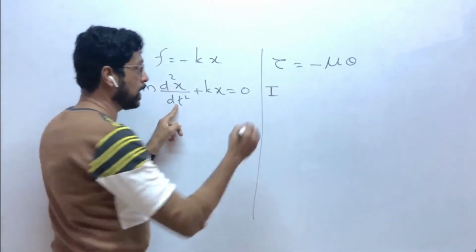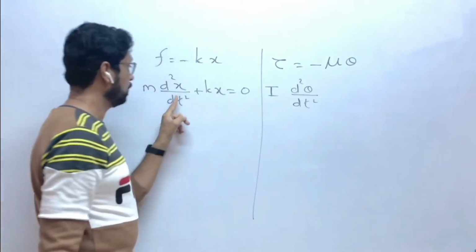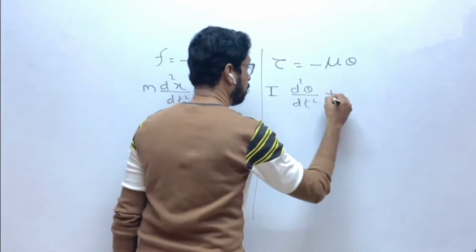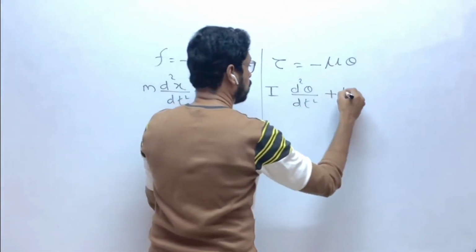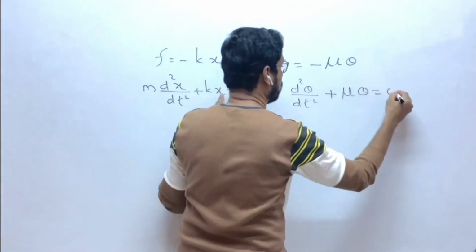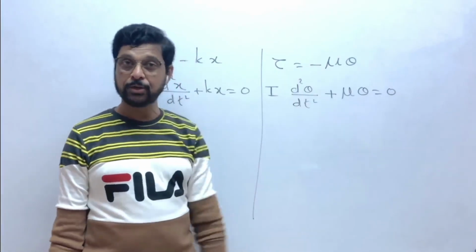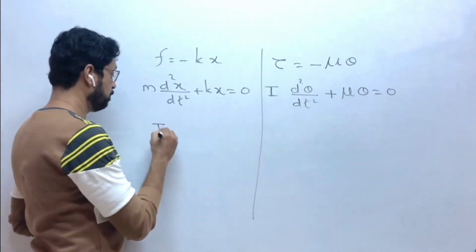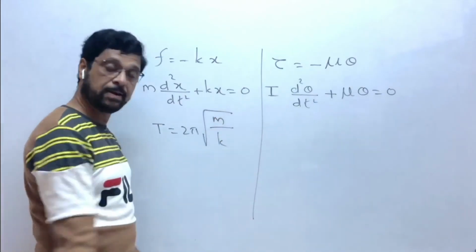d2x by dt square will become d2 theta by dt square. Linear displacement, angular displacement, plus in place of force constant, it will be torque constant. Theta is equal to 0. So this is differential equation of angular SHM. Similarly, for linear SHM, periodic time was 2 pi under root m by k.